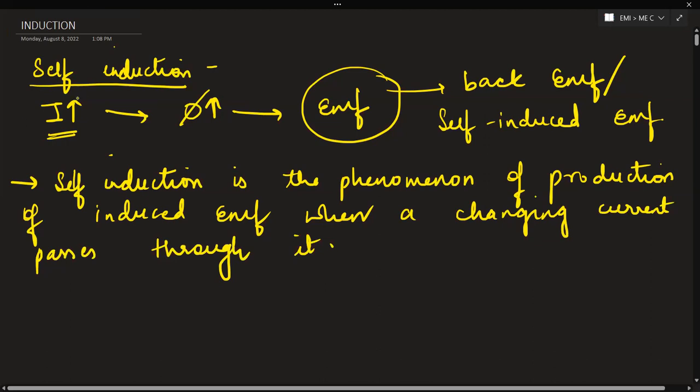Whenever current changes, flux changes, and because of this EMF is induced. This whole phenomenon from the change in current to the production of EMF is known as self-induction.